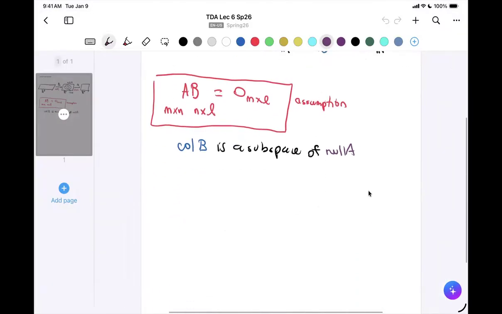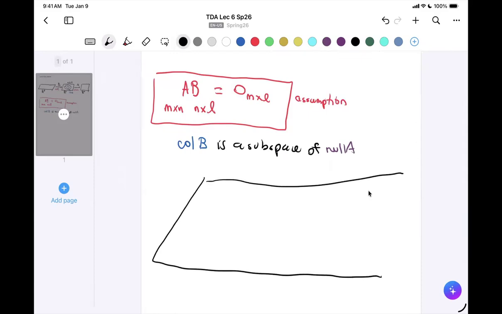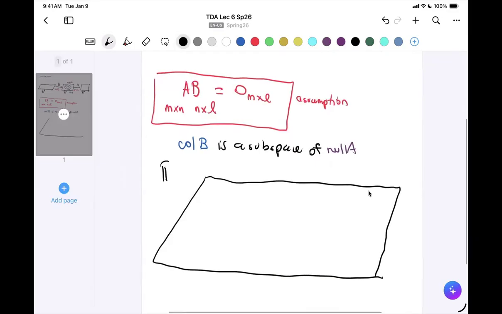Let me make an enlarged version of the space in the middle, because this is going to be the key one for all of this. So here I have Rn.